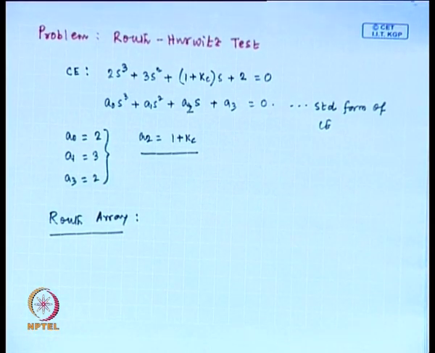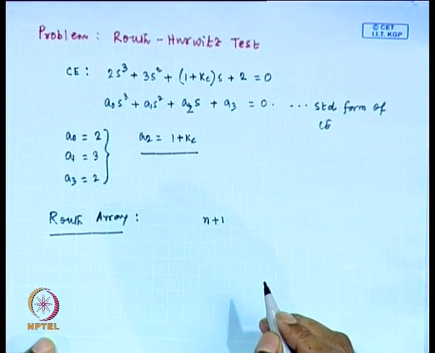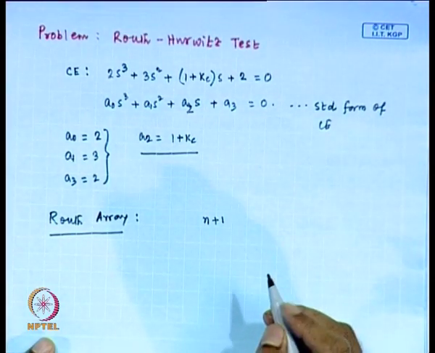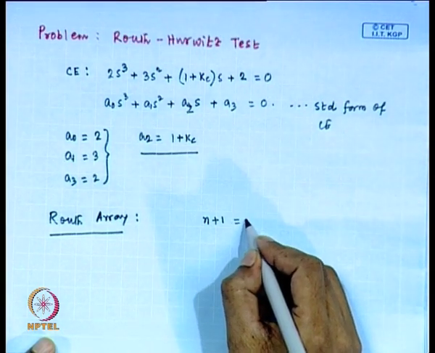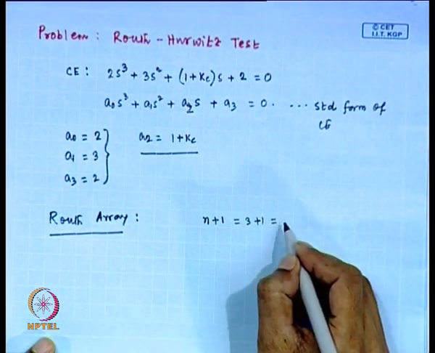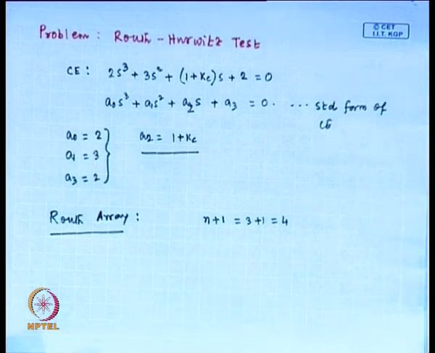Routh array consists of n plus 1 number of rows, fine. Here n is 3. So, the Routh array should have 4 rows.